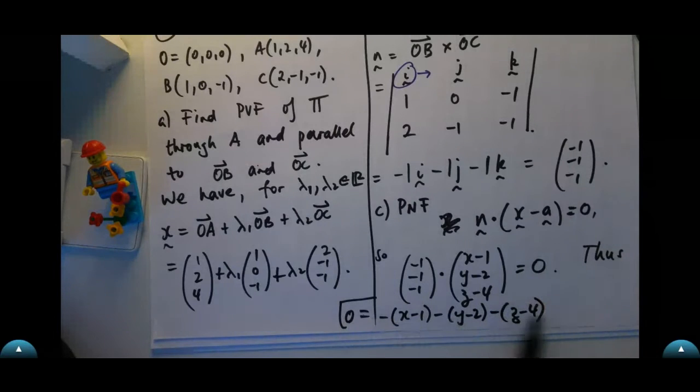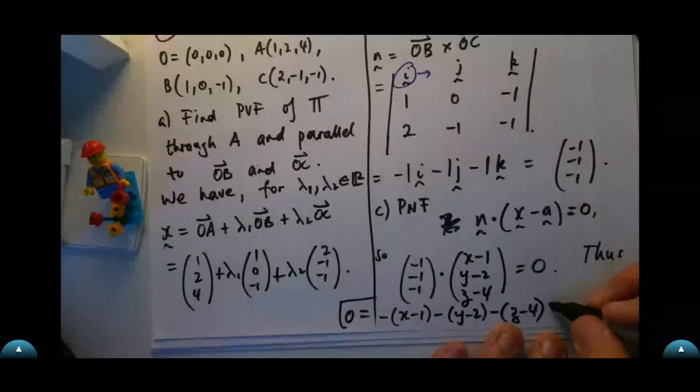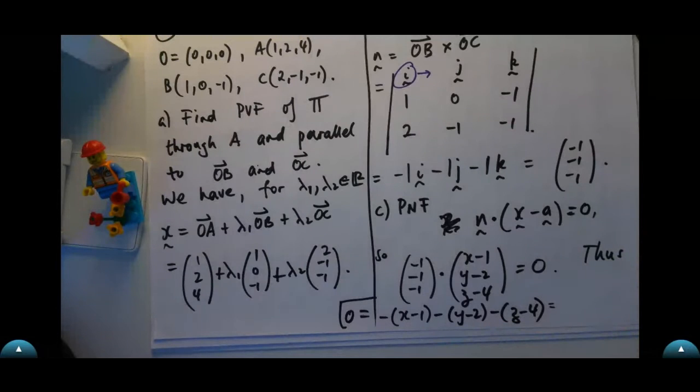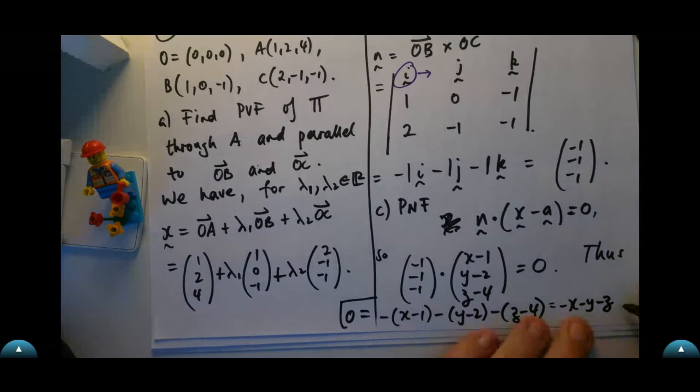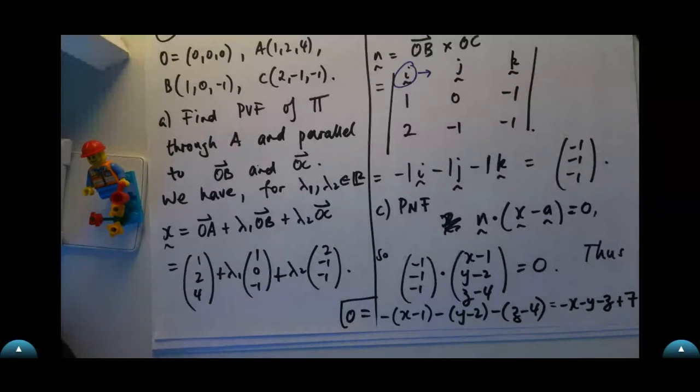So all you've got to do now is simplify this. Okay, so -x minus y minus z, 1 plus 2 plus 4. So I think that should be your answer. Okay, that equals 0.